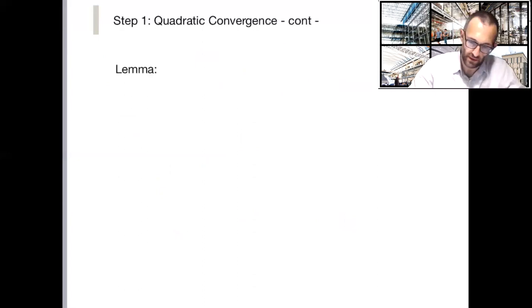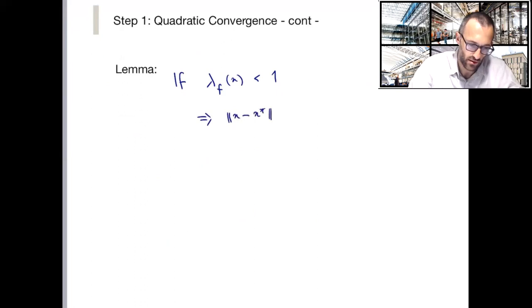So the lemma that we need says that if this quantity that we just wrote is less than 1, then x minus x star, the optimal solution, again, this distance is evaluated using the local norm at x. And note, of course, this is not the dual norm anymore because I'm measuring the distance of points.